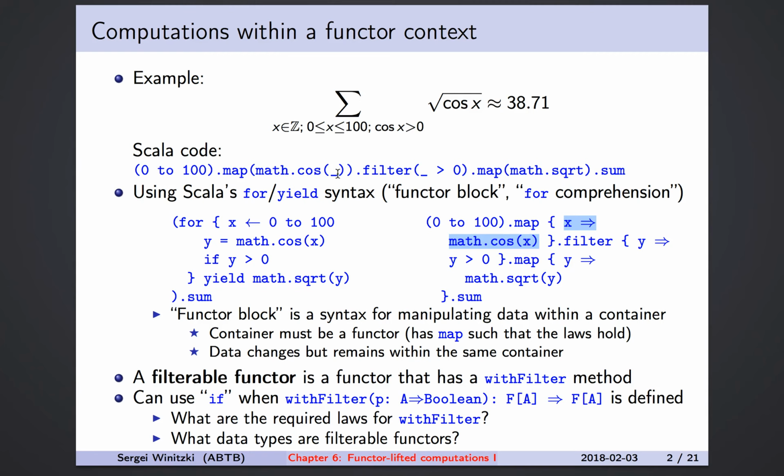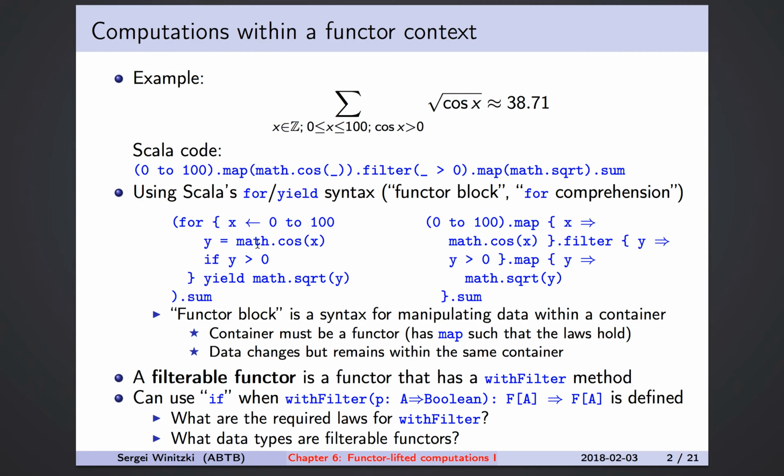So Scala allows you to have this function shorter. Just say cosine of underscore. But let's write it out with names of variables. Then it will be map of x going to math.cosine x. Then filter y going to y greater than 0. Then map y going to square root of y, and then sum.